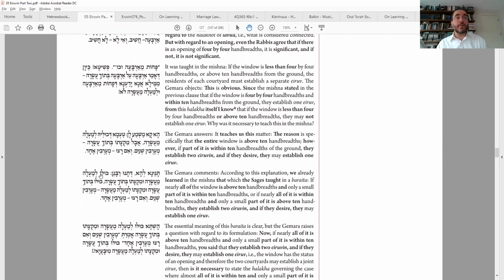So whether it's nearly all above 10 tefachim and just a little bit is within 10 tefachim from the ground, or if it's all within 10 tefachim but a little bit is sticking up above 10 tefachim, either way it is considered an opening, and therefore if you want to join it together as one eruv, you can, but you don't have to. It can be separated also, same as if the entire window is below.